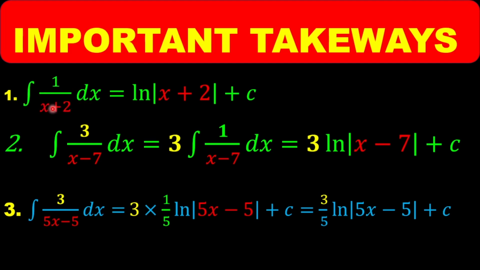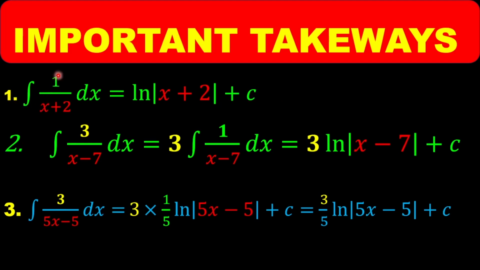When you integrate this by standard, you are going to get the natural log of the absolute value. Then whatever denominator you have down, you place inside the absolute value symbol, and then plus c because this is an indefinite integral.